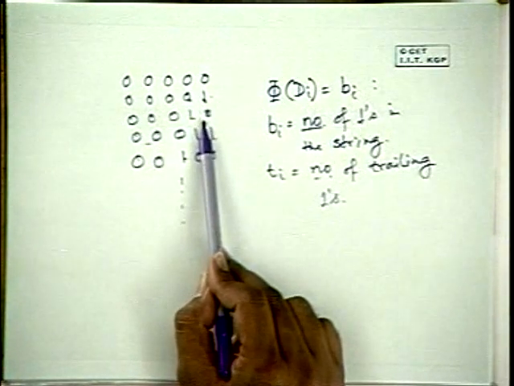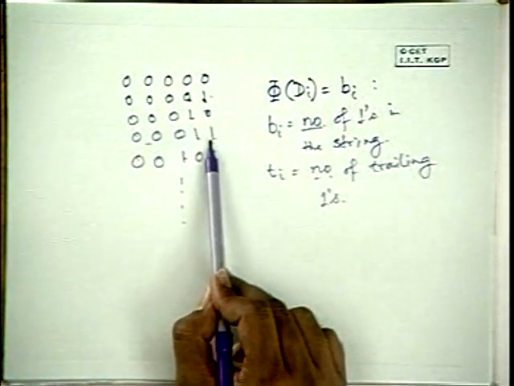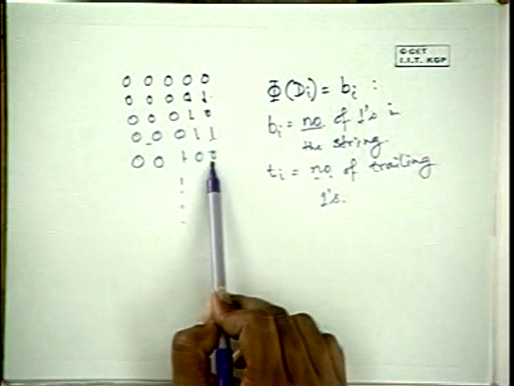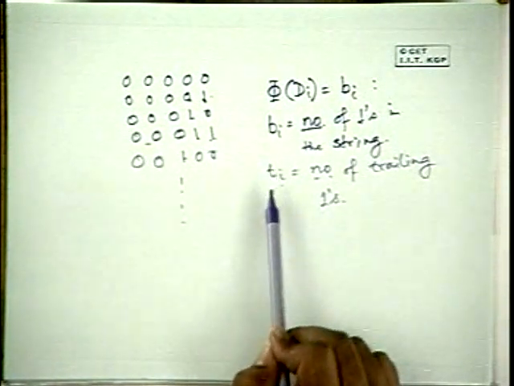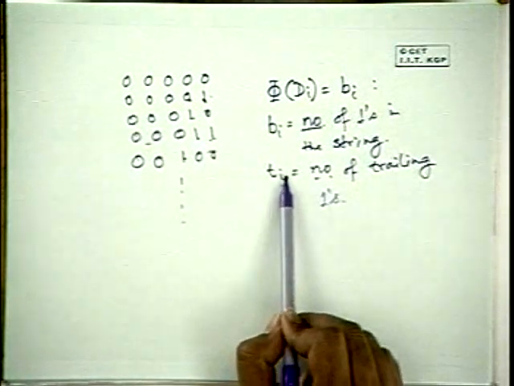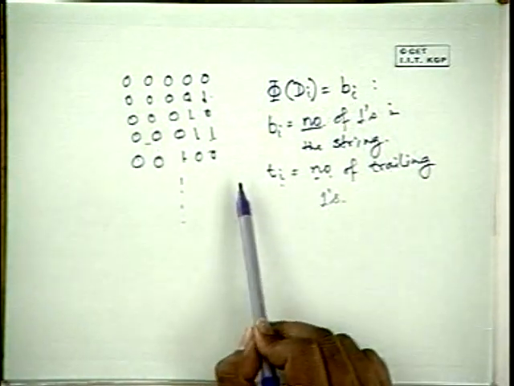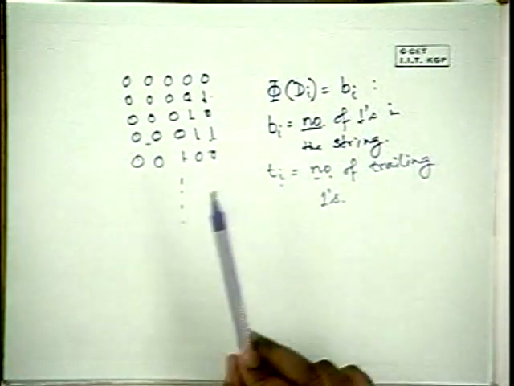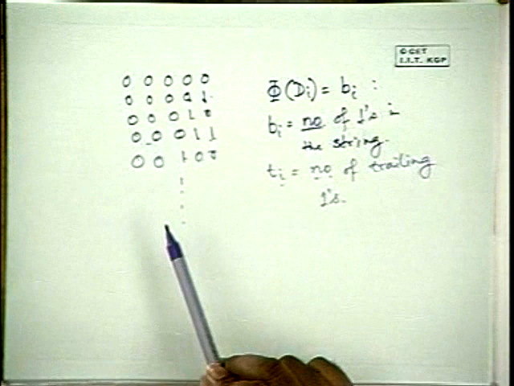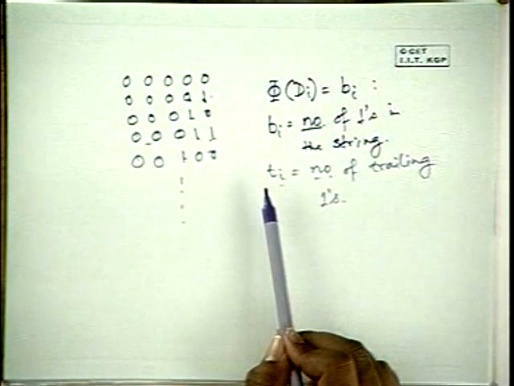Number of trailing ones is 0. Here it is 2. There are 2 trailing ones. Here it is 0 again. So that is the value of Ti. There is a difference between Bi and Ti. You can see that Ti guides the computation, because that many ones you have to make 0 to get to the first 0, which you will make it 1.